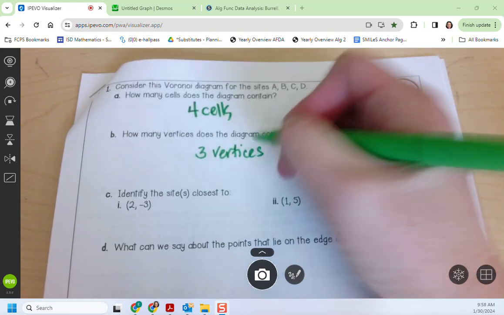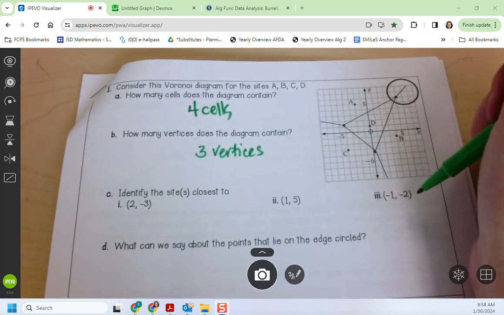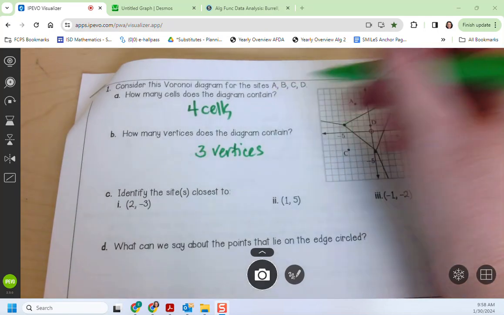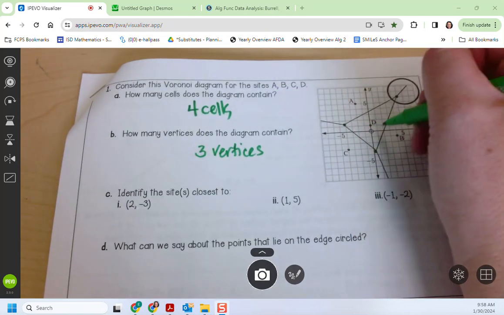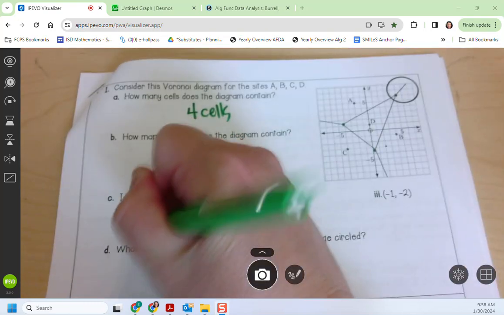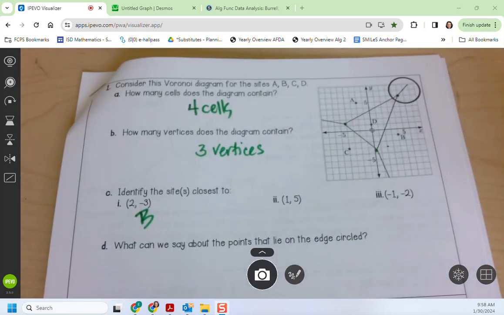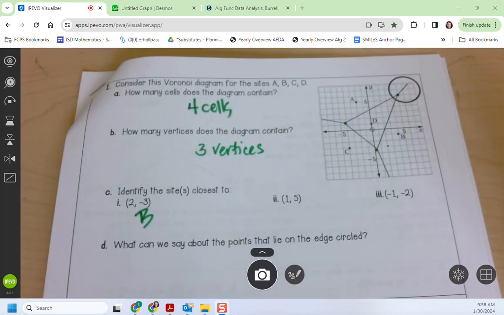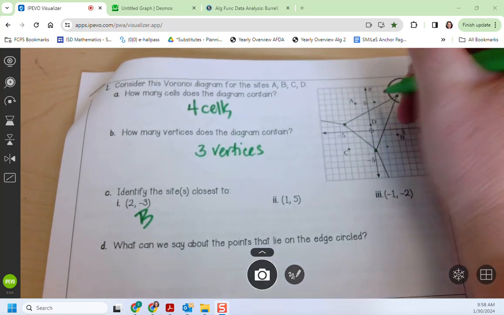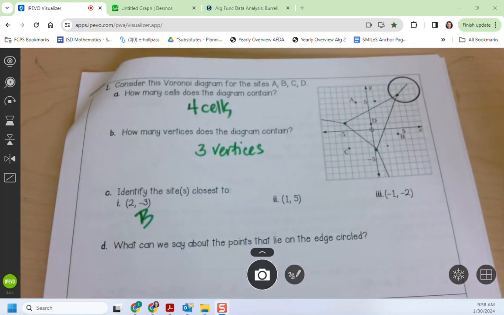All right, so then to identify the sites closest to these points, you're just looking inside of the cell to see what is the site in that cell. So for example, (2, -3) is here, and that's in the same cell as B, so it's closest to B. Do the other 2. Okay, let's look at (1, 5). (1, 5) is closest to which site?